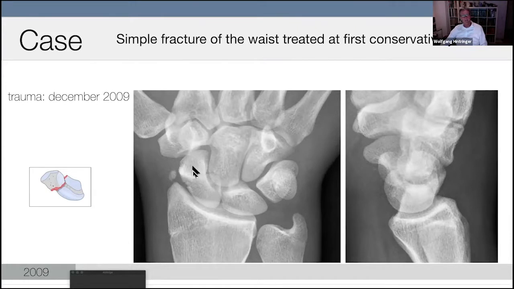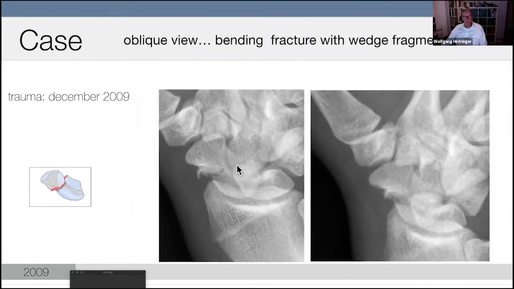So one case, a simple fracture of the waist, treated at first conservatively. You see here in the primary X-ray, it looks, yeah, not so bad, but if you see the oblique fracture, you see a wedge fragment, and that cannot be treated conservatively.